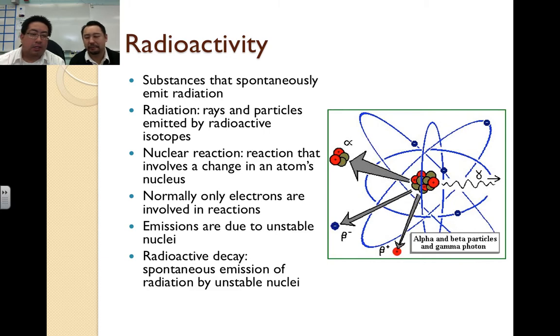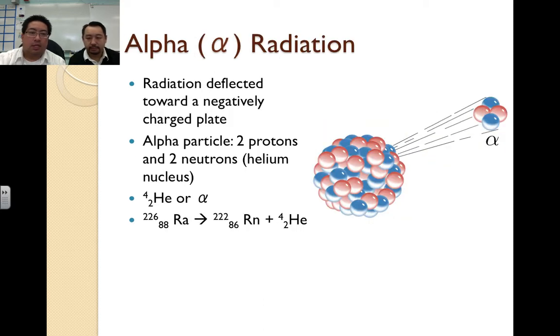Yeah, fine. Radioactive decay is due to unstable nuclei, generally from a peculiar ratio of protons to neutrons. We'll get to that. One of the major forms of radiation is alpha radiation. This is radiation where the particles are attracted to a negatively charged plate.